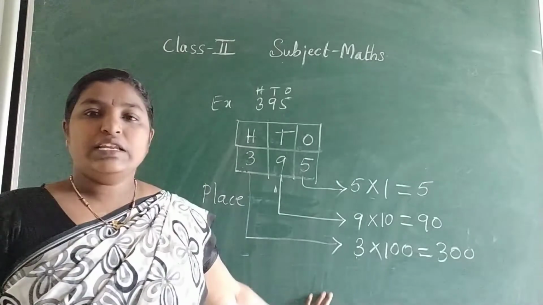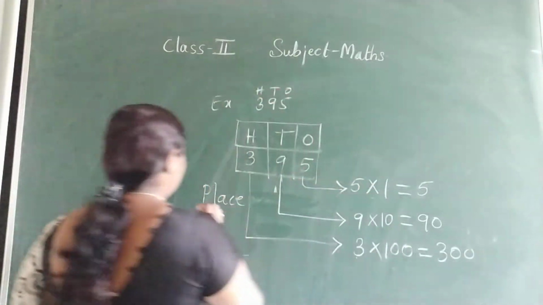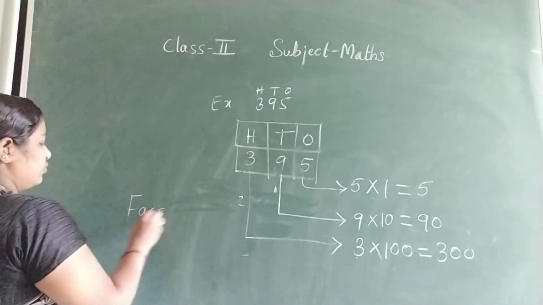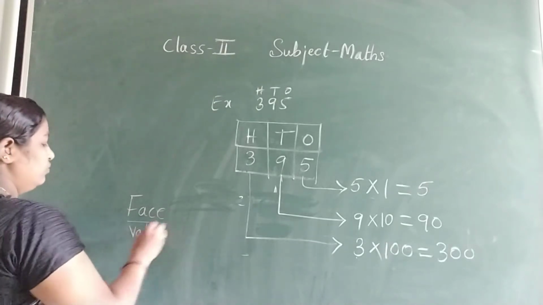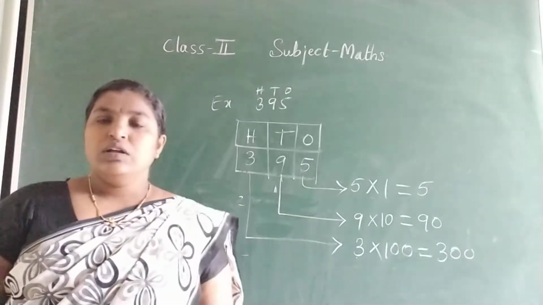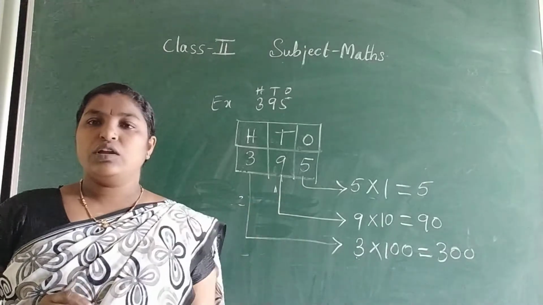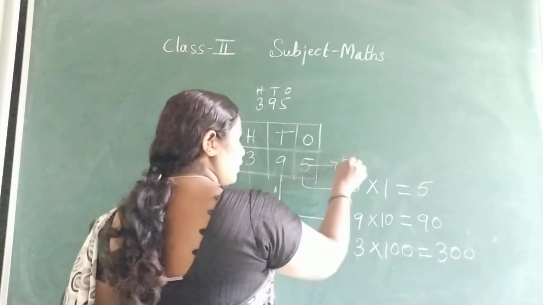Now we have discussed place value, and one more thing is face value. The number itself is the face value of the respective number. What is the face value of 5? 5 only.